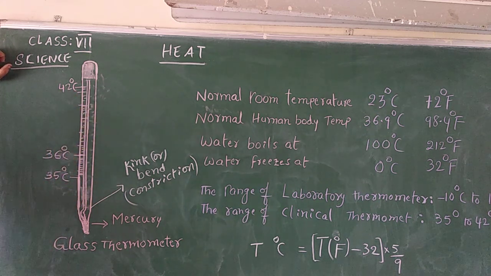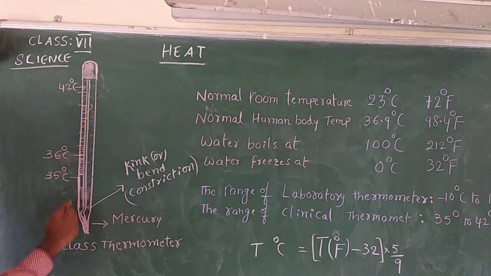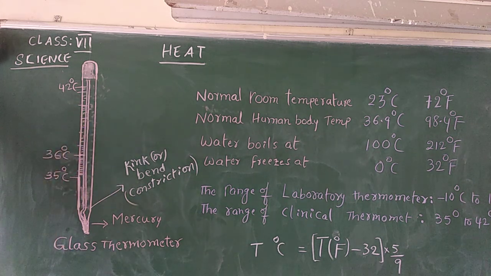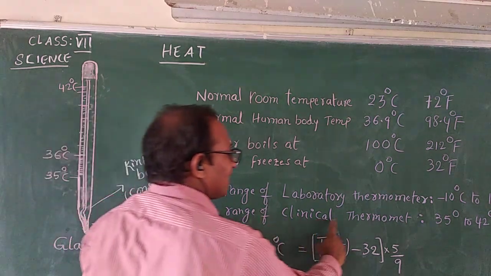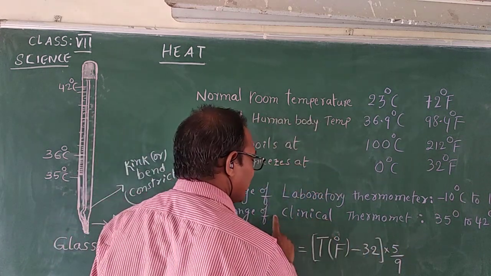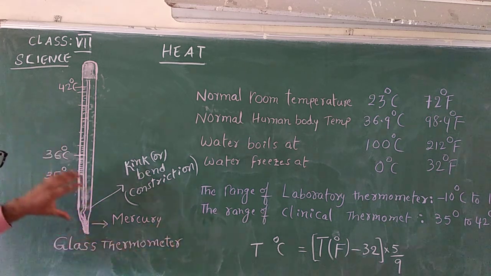So 35 degrees Celsius to 42 degrees Celsius is called the range of the clinical thermometer.